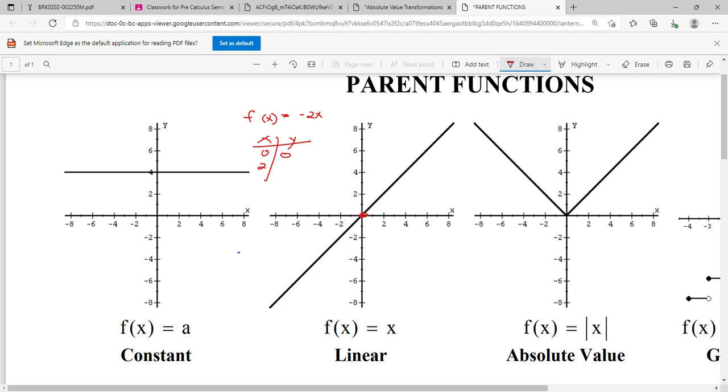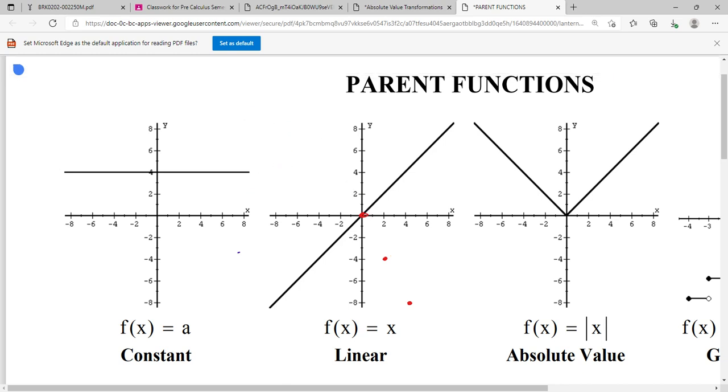Negative 2 times 2, right, would be negative 4. So if x were 2, then we'd be at negative 4 down there. 4. Negative 2 times 4 would be negative 8. So that would be down there. Let's do one easier. Let's do negative 2. Negative 2 times negative 2 would be positive 4. So it would be up here, right? And it just flipped our line to make the slant go in the other direction.